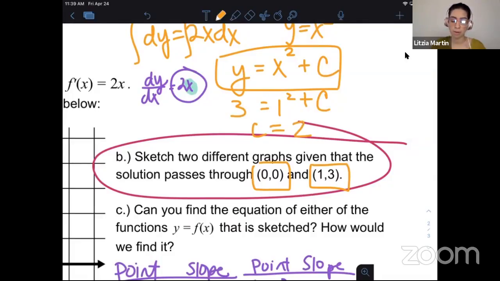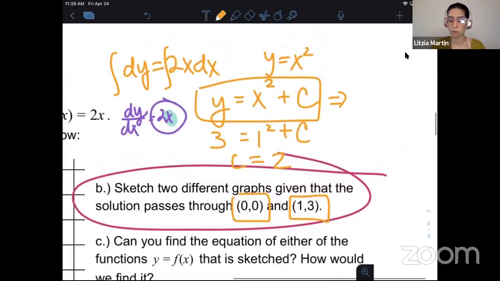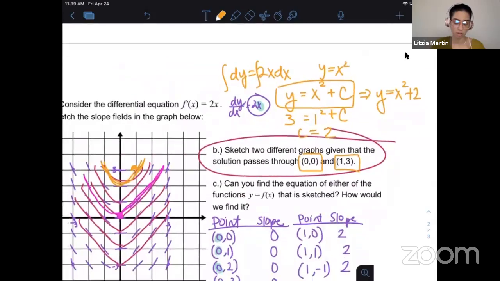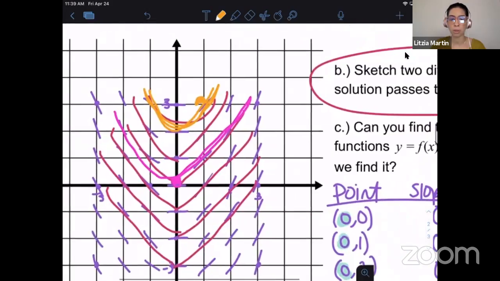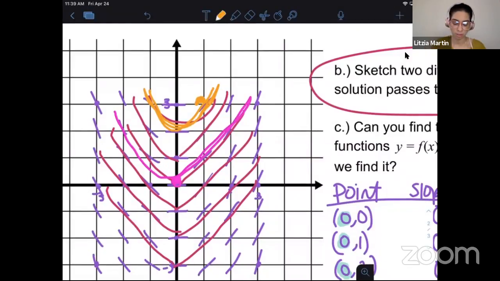That means our particular solution for the equation is y is equal to x squared plus 2. If you look at our orange graph, that's the one going through the point 1, 3. Look at its vertical shift. It's gone from x squared up to x squared plus 2.